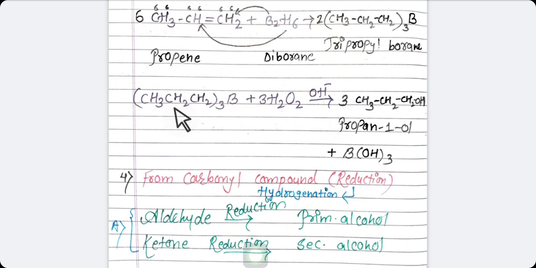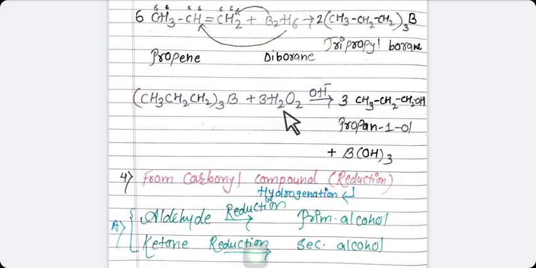Hydrogen peroxide has 6 hydrogen and 6 oxygen. From these, 3 hydrogen and 3 oxygen get attached with the propyl group, so it will form alcohol.